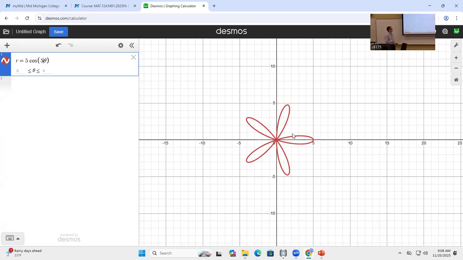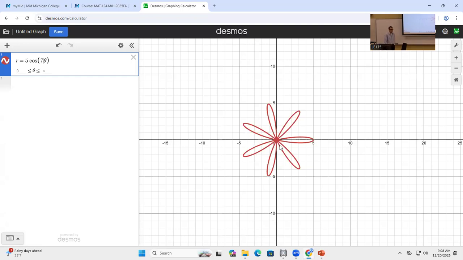Notice that still we have this one loop laid out. My initial loop is this one, laid out on the x-axis or the polar axis. Okay. What do you think is going to happen when I change it to 7? We're going to get 7 petals.